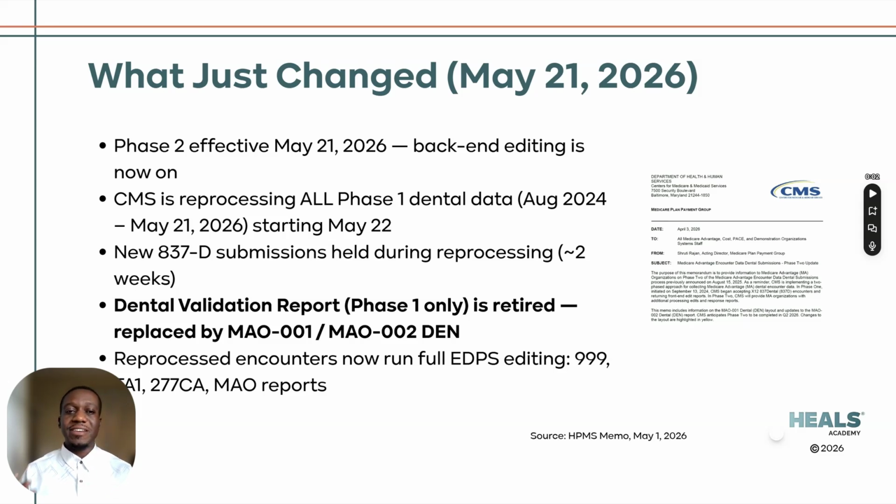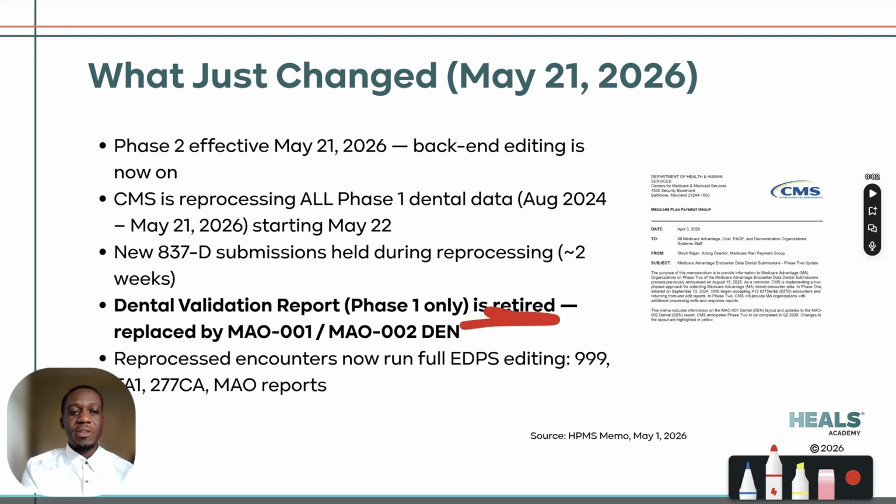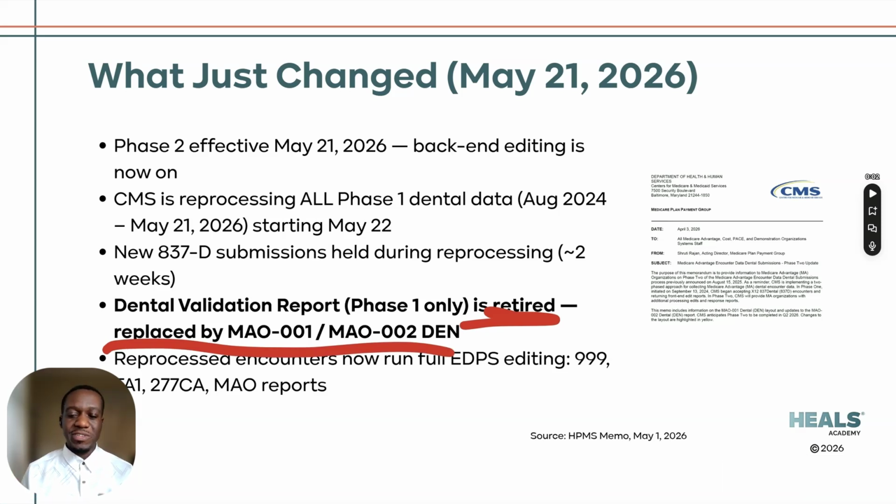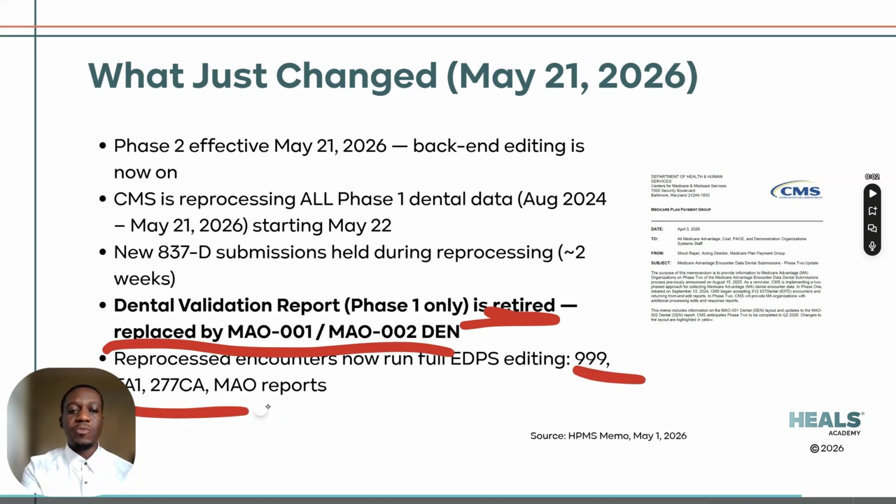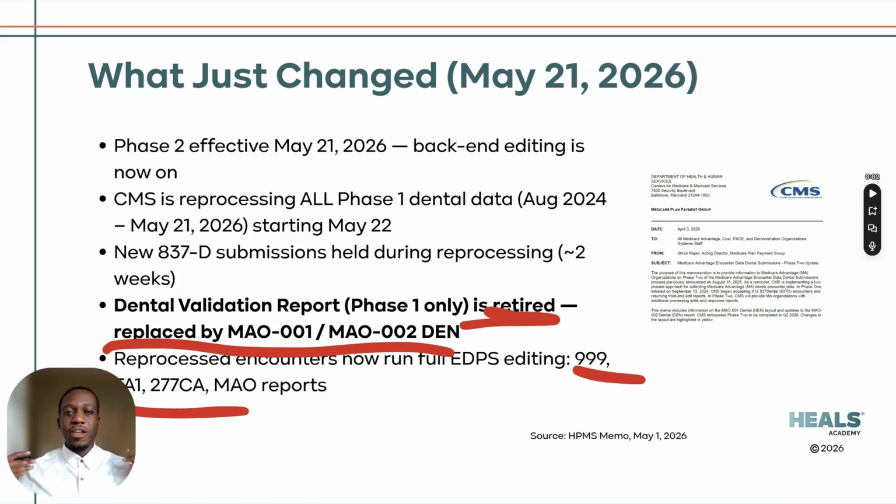And the new A37D submission held during this period is being reprocessed. The dental validation report for Phase 1 only is being retired and replaced with the MAO-002, and plans will start receiving the 999, TA1, 277CA, and the MAO reports, the full-blown reports in the EDPS processing in this Phase 2.